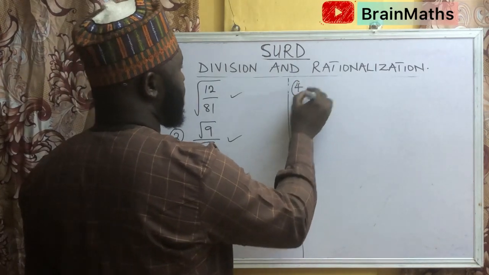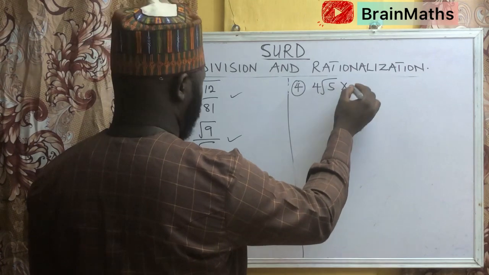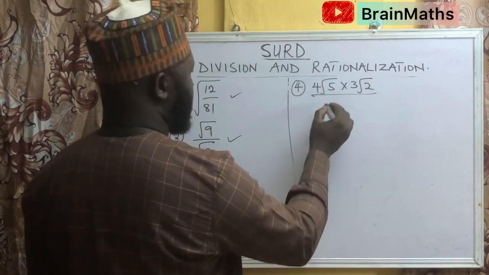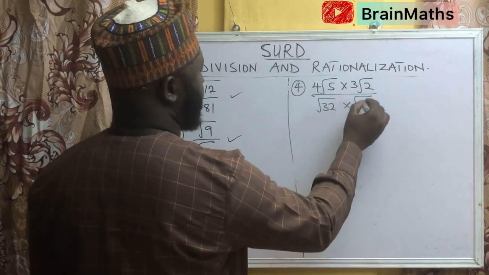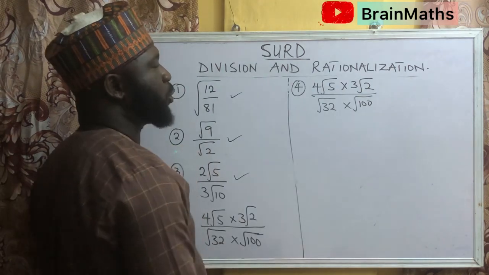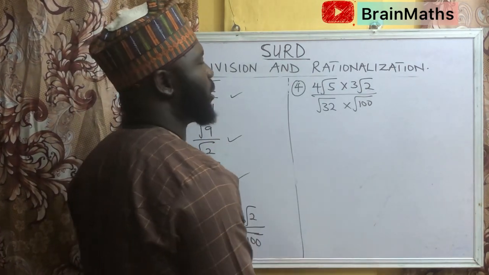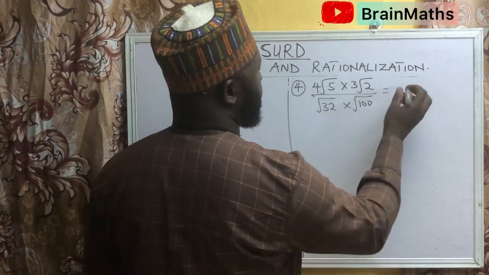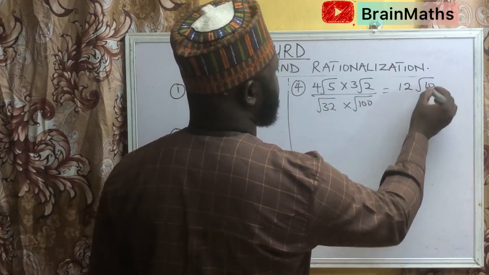Question number 4 says 4 root 5 times 3 root 2 over root 32 times root 100. Here we are going to try as much as possible to reduce this first before rationalizing. So let's start with the numerator. 4 times 3 will give us 12. Root 5 times 2, 10.